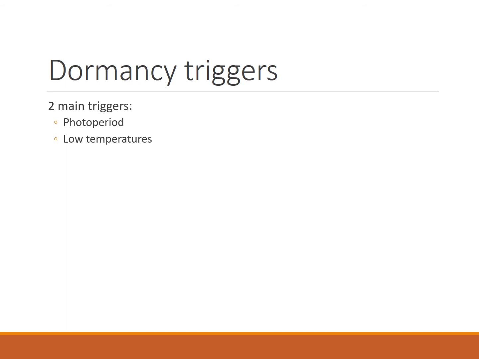We said that the photoperiod was the amount of light that a plant received in a 24-hour day. And as the photoperiod becomes shorter, as the seasons migrate from fall into winter, the plant can sense that. Specifically, the phytochrome system in plants can sense that, along with the lower temperatures that are occurring as we move from summer into fall into winter. So photoperiod and low temperatures are two things that trigger dormancy in plants.